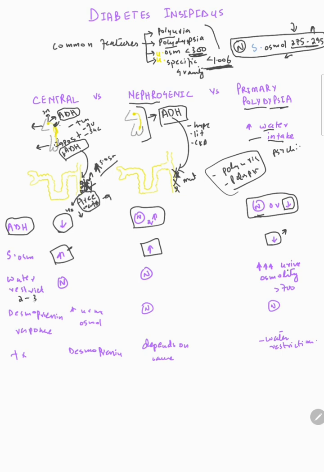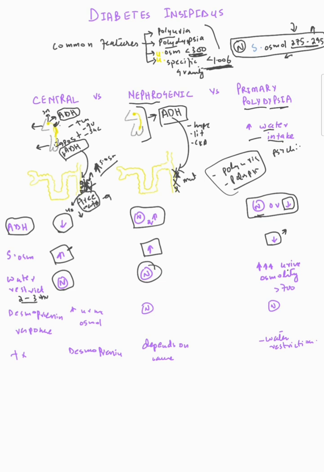In this test, you restrict water intake for 2 to 3 hours, and then you check the urine osmolality. In the central and the nephrogenic, because it's an ADH defect, it's not like the patients are drinking plenty of water. That's not the primary pathology. The primary pathology is the ADH.